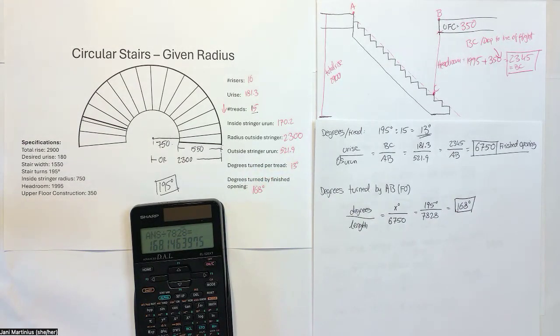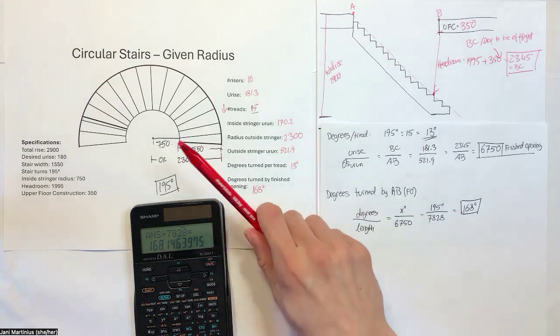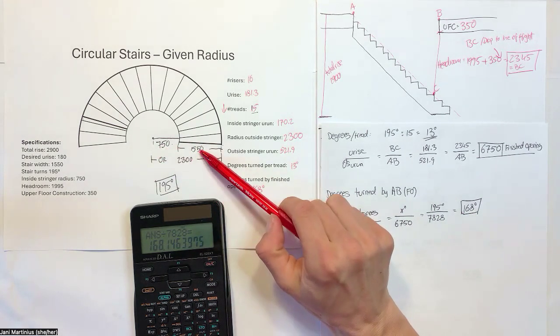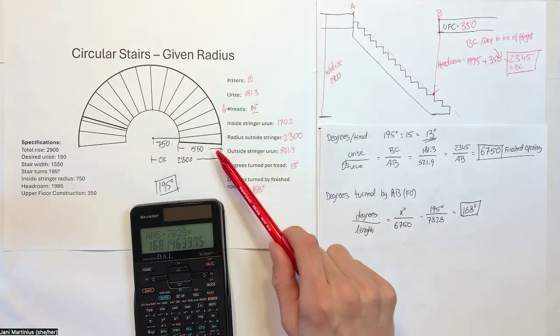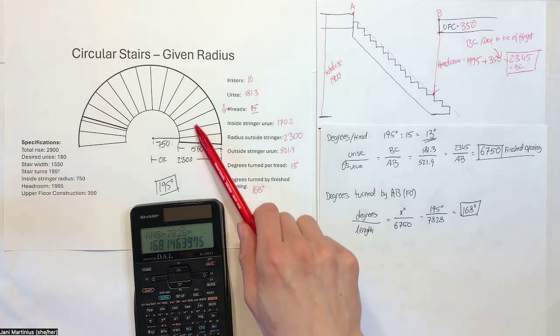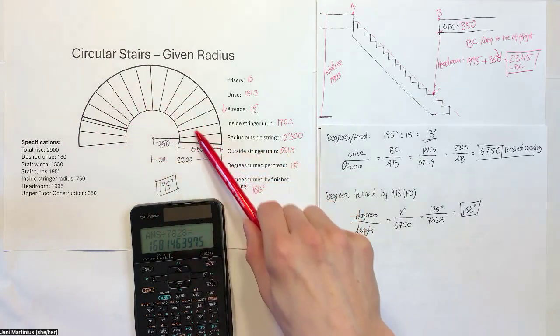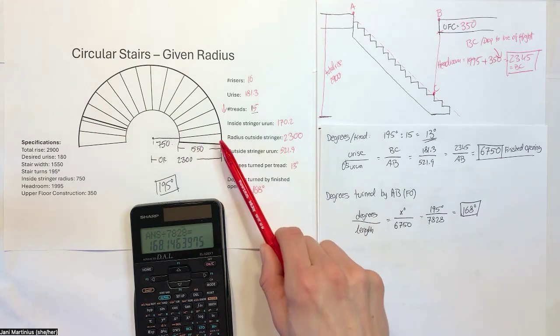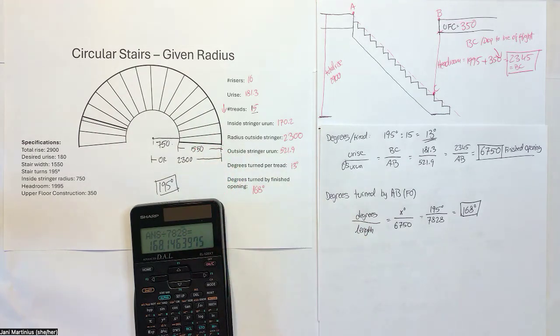So there's lots of comparing of ratio and proportion of circles and degrees and lengths. So it's always good to find the inside radius. You want to find the width of the stair. That way you can find your outside radius. If the question says, well, what is the unit run at the center of the stair? Well, you would just add half of your stair width number and then do the same math that we just did.